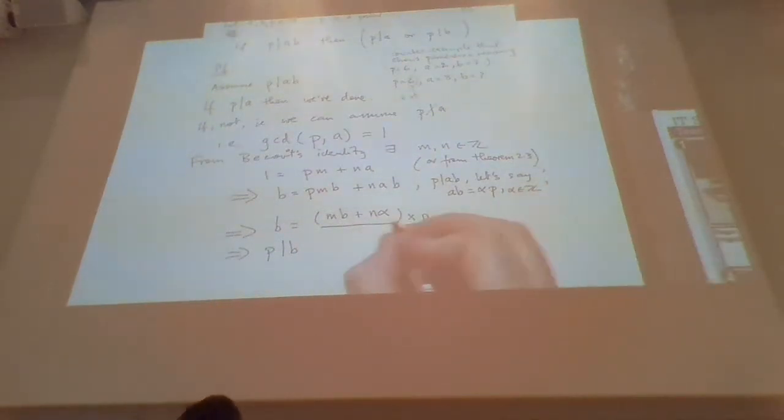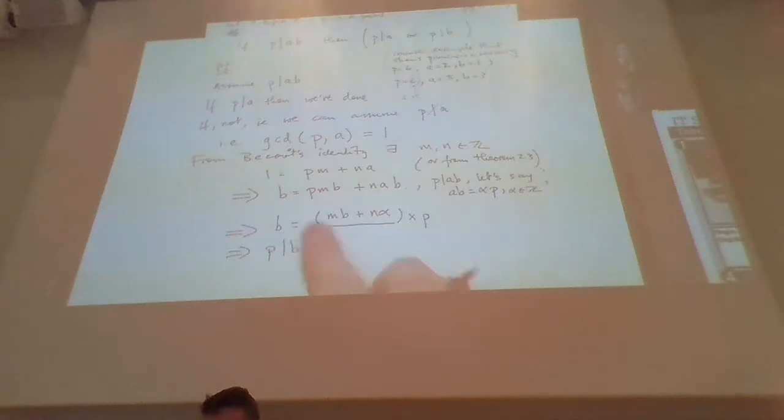Key point is all these ingredients here, M, B, N, and alpha, are integers. So when you mix them up like that, it's still an integer. So this is B as an integer times P, so in other words, P divides B. So that completes the proof, you see.